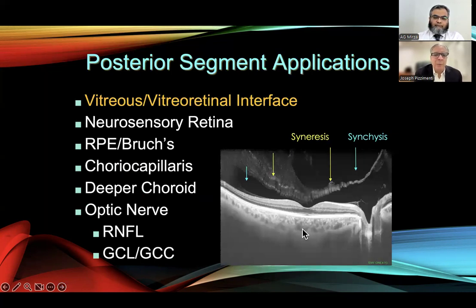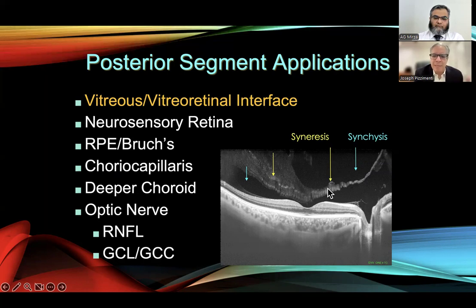And so we all know that as time marches on, certain changes take place within the vitreous humor. First of all, it will liquefy, and that liquefaction of the vitreous is known as synchysis. And then the collagen in the vitreous will clump together, shrink, and move forward. And this process is known as syneresis.